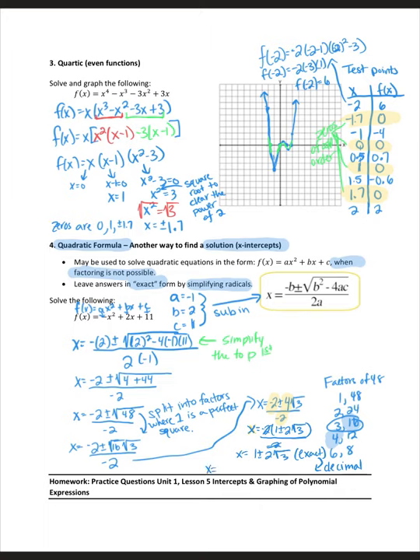If we did, we would get x equals a negative 2.46 and a positive 4.46. And these are your solutions or your zeros. So if you can't factor, the quadratic formula is always what we should use to find the solutions or the zeros.